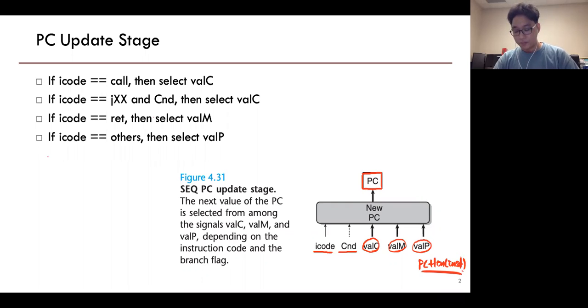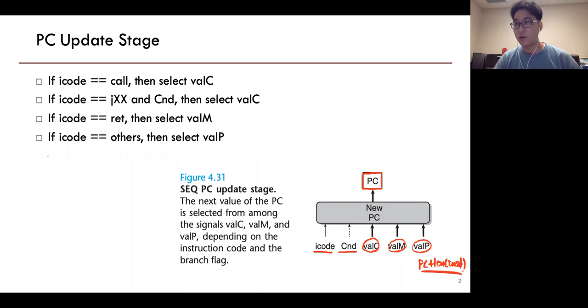valM. valM is the value from the data memory, in which case the memory stores the instruction address for the next PC, when the program has a call and return instruction.